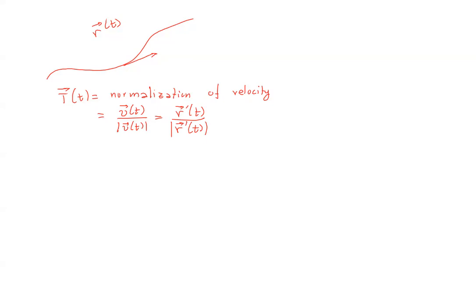And since the magnitude of this is 1, its derivative is going to be perpendicular. And sometimes when we take this derivative, we further normalize it. We know that it's perpendicular to T, and we call it the principal normal.